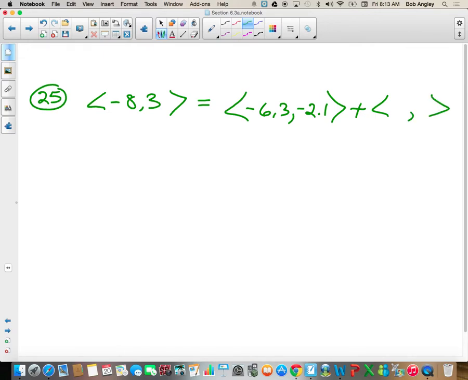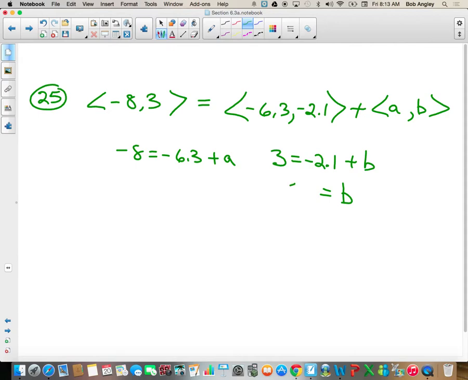What we did in class last time was we just put a's and b's there. So we'd get negative 8 equals negative 6.3 plus a as one equation, and then 3 equals negative 2.1 plus b as the other equation.